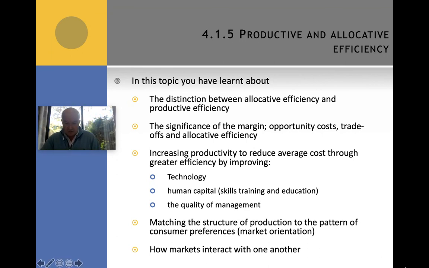We've shown the way in which we can actually use that to demonstrate how we could meet consumer preferences better if we became more market oriented as an organisation, and also then taking a view where markets clearly will interact with one another, and dependent on how much information you've got about the way in which markets are moving, you might choose as a business to reallocate resources to try to achieve both productive efficiency, i.e. your lowest long run average cost, but also allocative efficiency, where essentially you're trying to provide the goods and services that are going to give the most utility to your consumers.